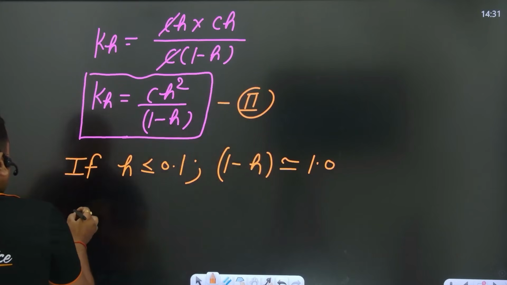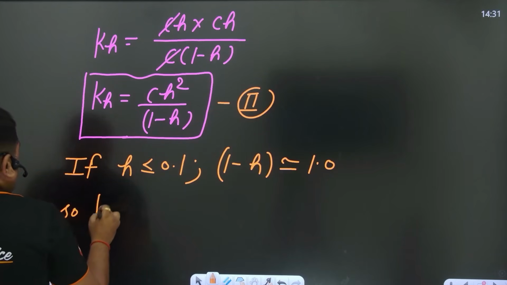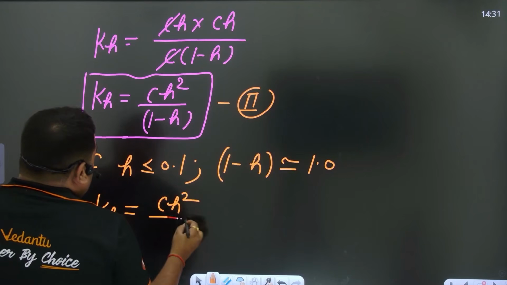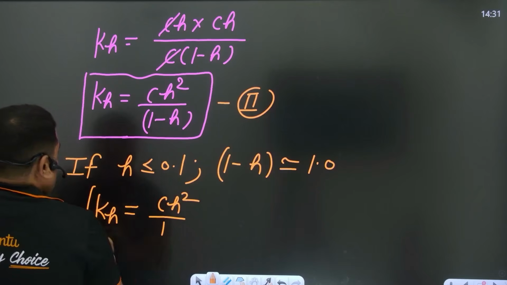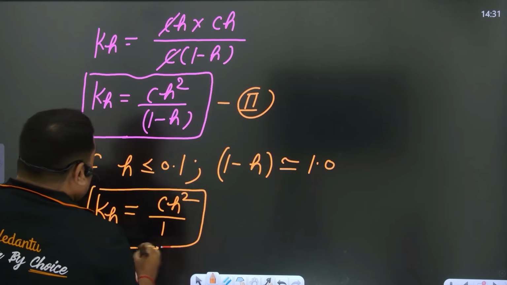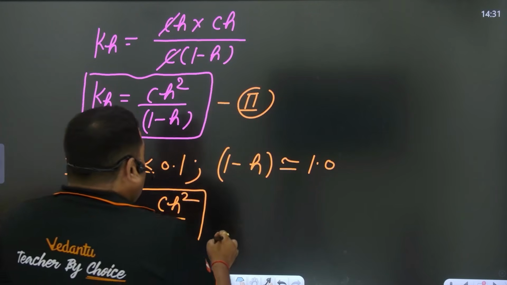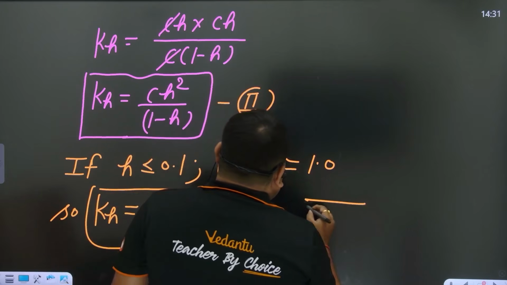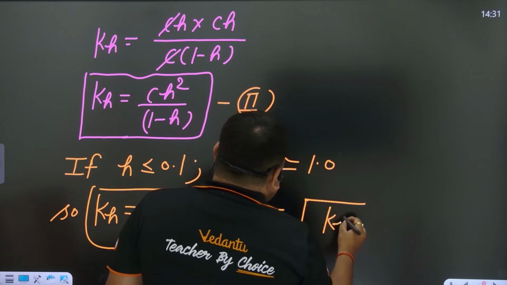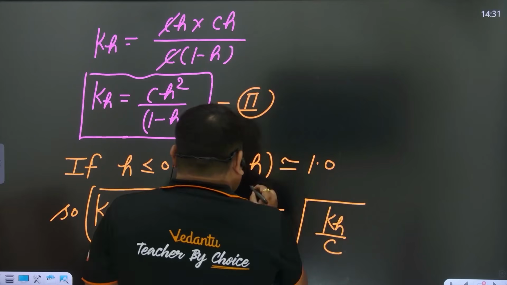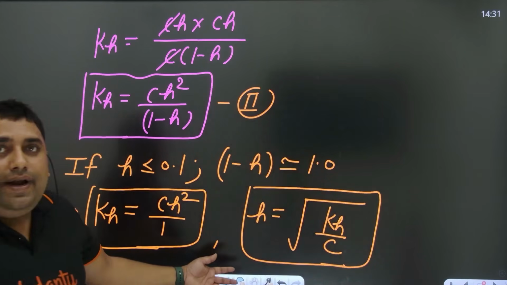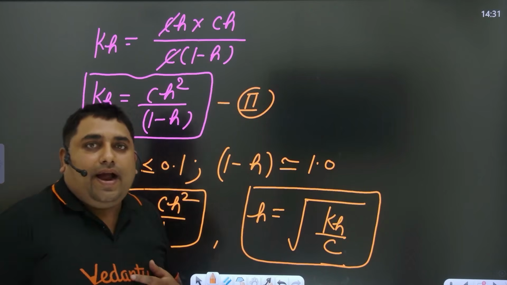Then we get Kh is equal to Ch square divided by 1, right? So we get Kh is equal to Ch square. So we can also write it this way, h is equal to under root Kh by C.